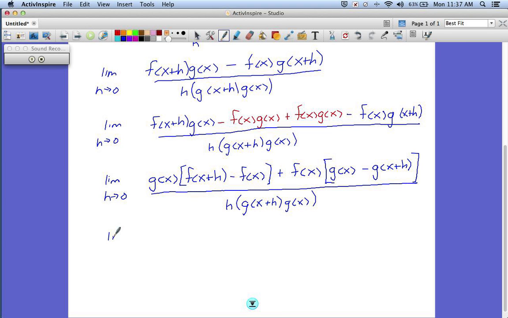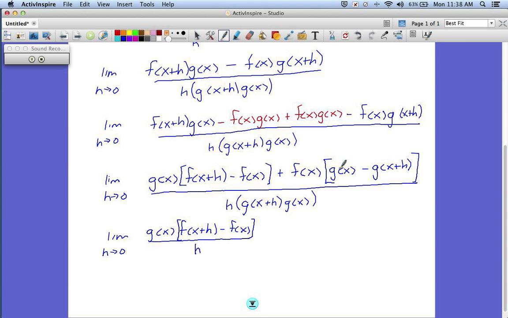So limit as h approaches 0. I'm going to start rewriting a little bit now. g of x and f of x plus h minus f of x all over my denominator, which is that combination here. We're just going to do h for now, though.